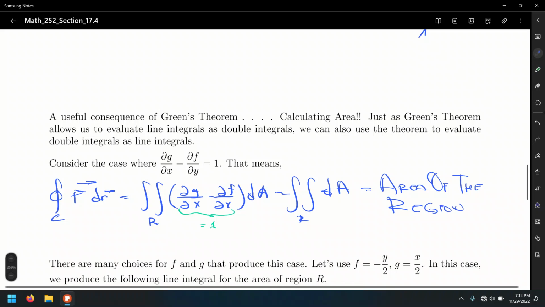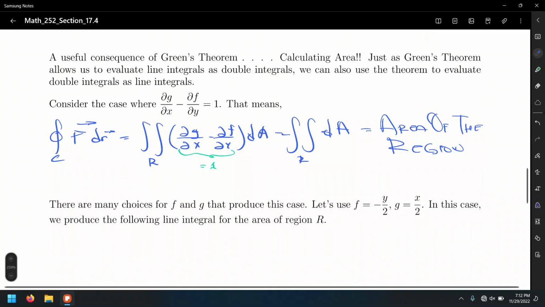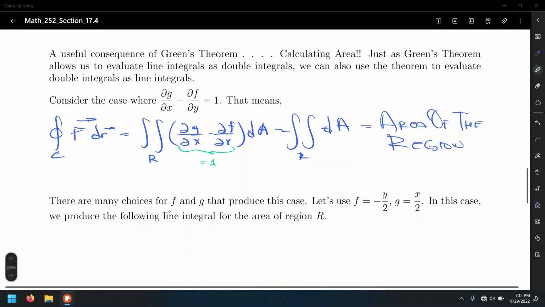All right, that will give us the area. Now, our job is to look for different functions f and g that produce a 1 when we take these partial derivatives.